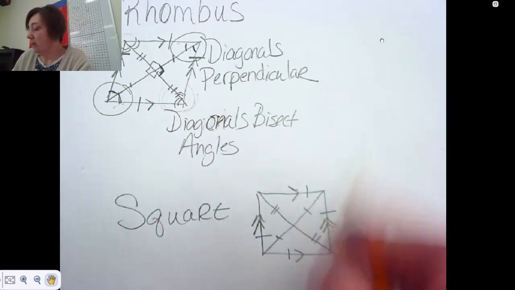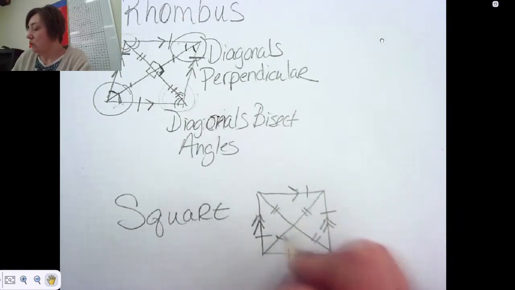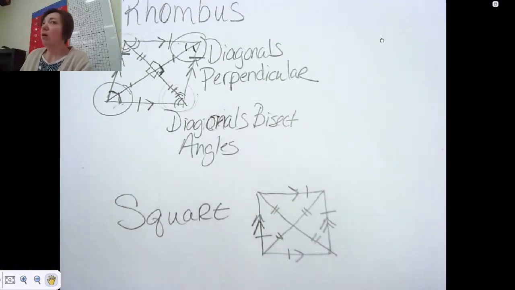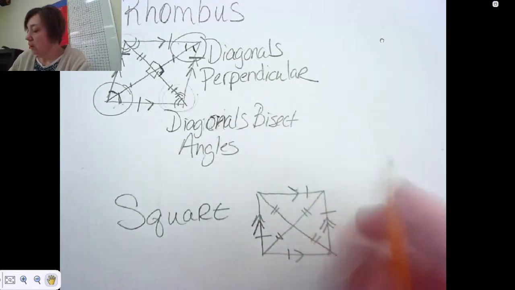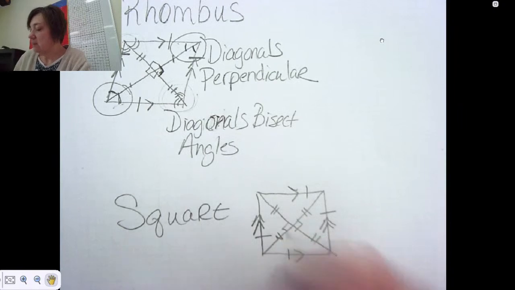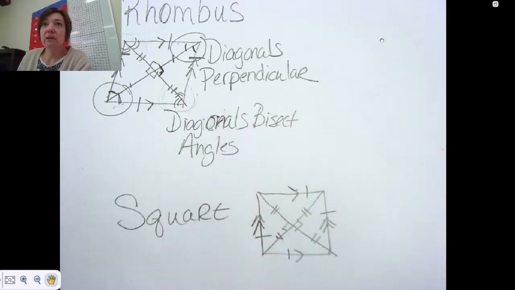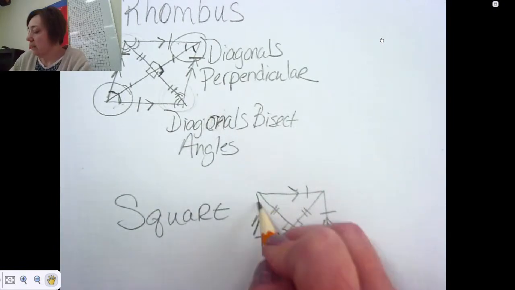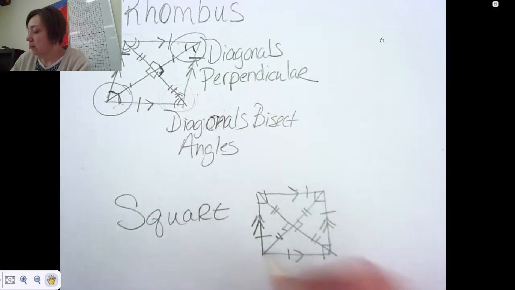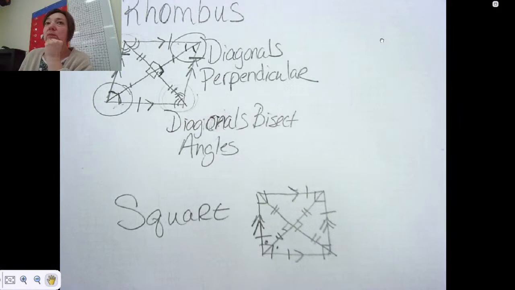But because it's a rectangle, the diagonals are congruent, right? So all four pieces are congruent to each other. Because it's a rhombus, these are 90 degrees, right? See, so the square has all the pieces of the puzzle. And then, of course, it has 90-degree angles here, here, here, and here, which means this angle and this angle are both 45. Right?